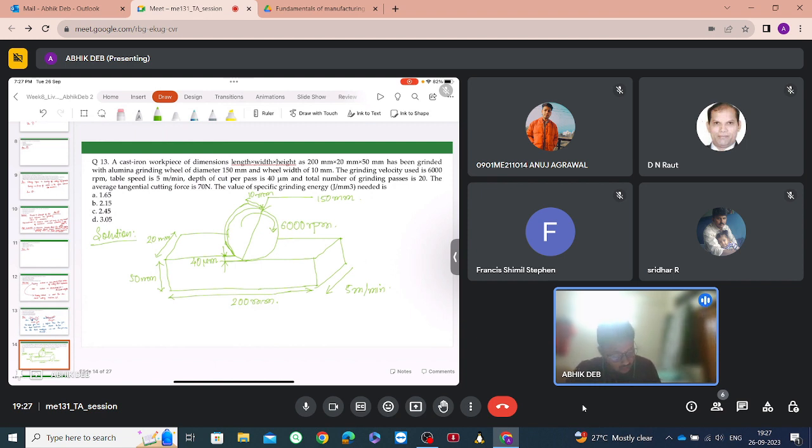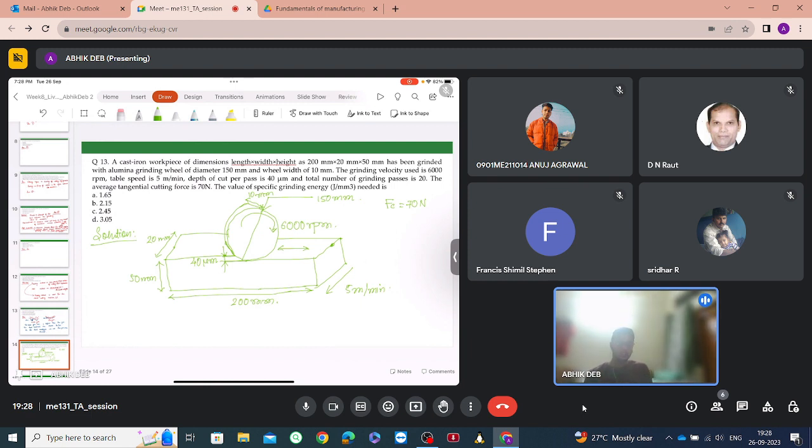That is, one complete pass of the grinding wheel from this point to this point is repeated 20 times, with each depth of cut being 40 micrometer. The average tangential cutting force Fc is given as 70 Newton. So the value of the specific grinding energy we have to find out.